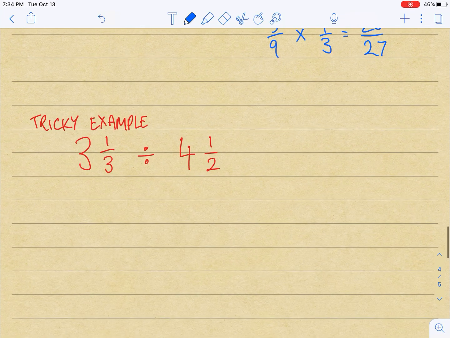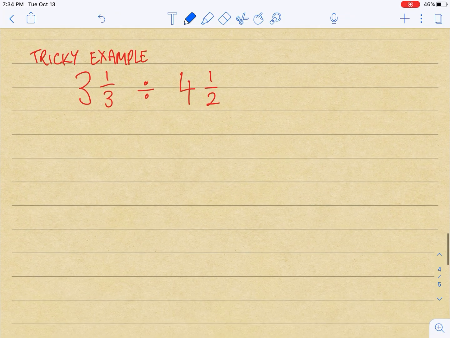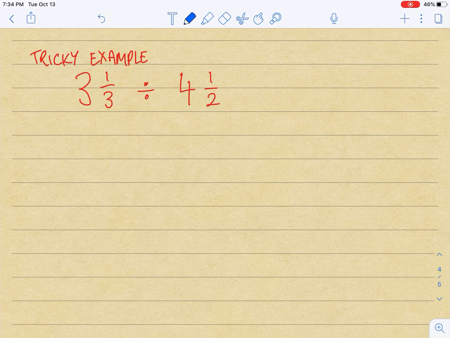Swap them upside down. Let's look at a tricky example with fractions then. So if I'm dividing here, first thing I need to do is go top heavy. So 3 times 3 is 9, plus 1 is 10. I've got 10/3. On this one, 4 times 2 is 8, plus 1 is 9. So I've got 9 over 2.